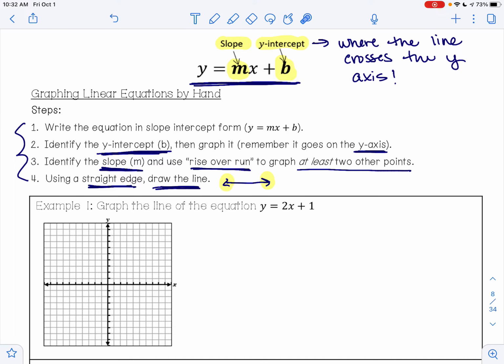Step 2 is to identify b. So b is 1. So we're going to begin with b and plot 1 on our y-axis. Remember, this is always your y-axis. You're always beginning on this line, every time. You begin with b.